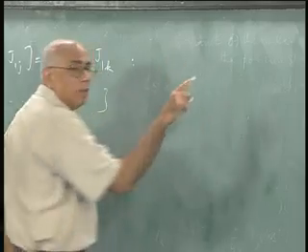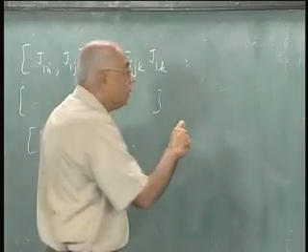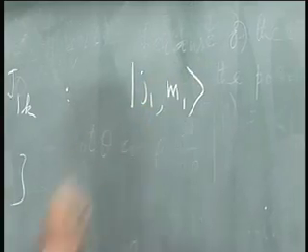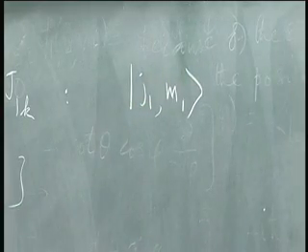This j is characterized by a quantum number little j1, say, and then the states of the system are given by |j1, m1>, where little j1 is a quantum number which is 0, half, 1, etc., and J1 squared would have eigenvalues j1 times (j1 plus 1) h cross squared, and m1 is the corresponding eigenvalue of J1z.